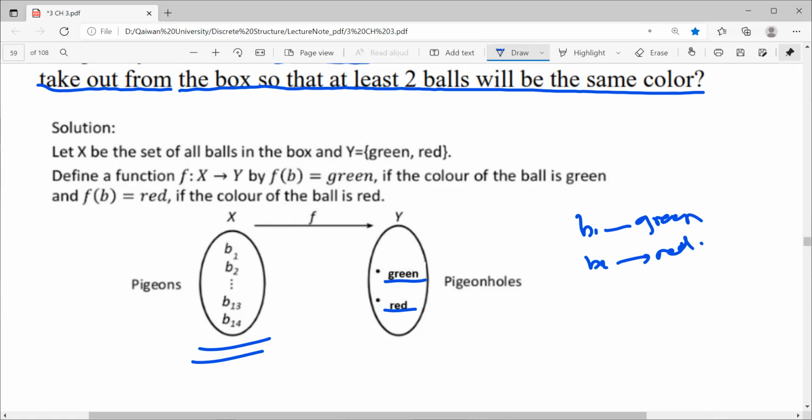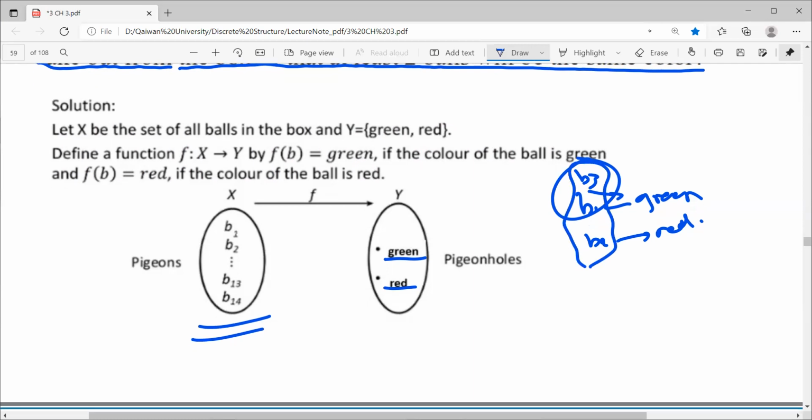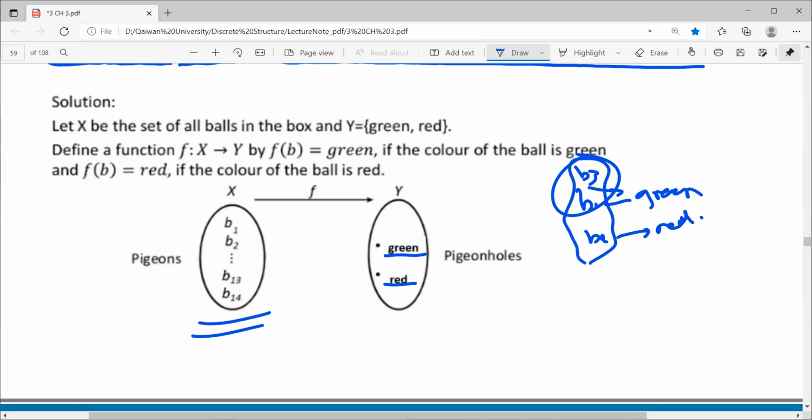The third ball is either green or red. Let's say it's green. That means here we get 2 balls with the same color. That means we must have at least 3 balls such that 2 of them have the same color. So that's the number required. So we must take 3 balls. I'm just explaining like that.